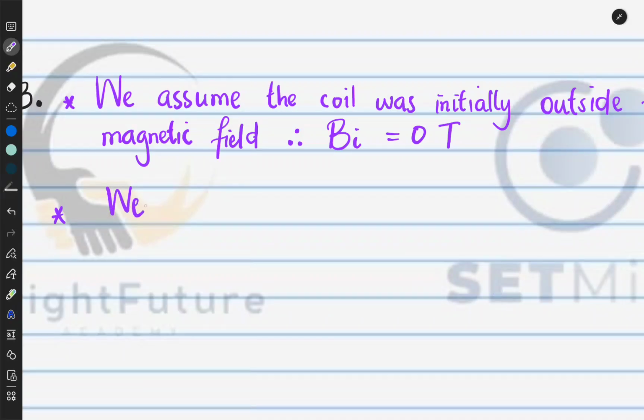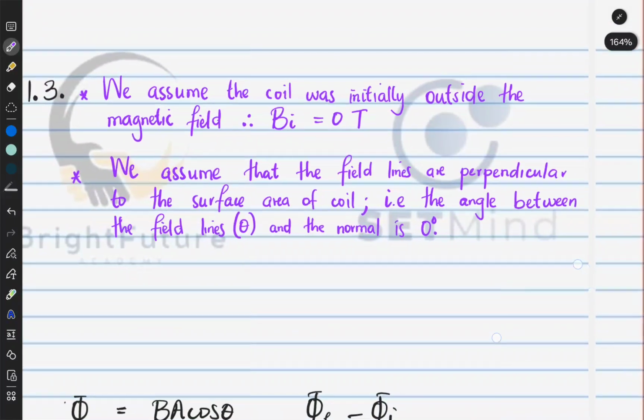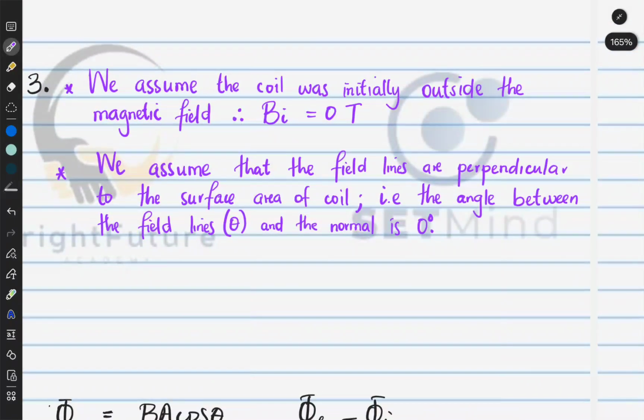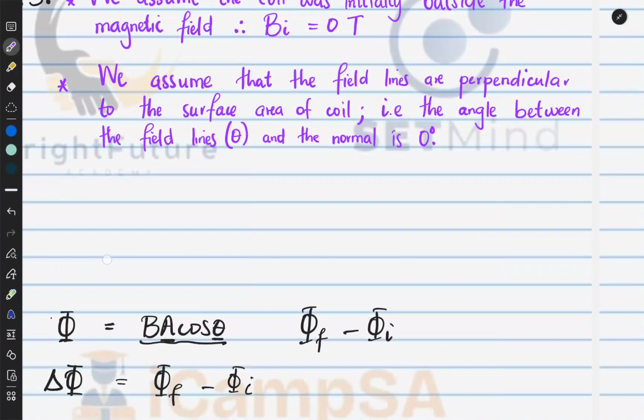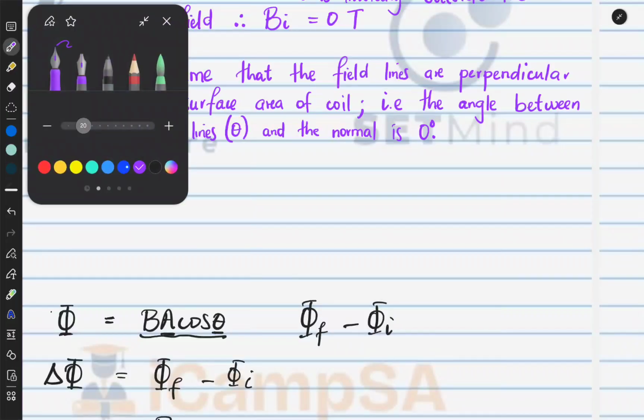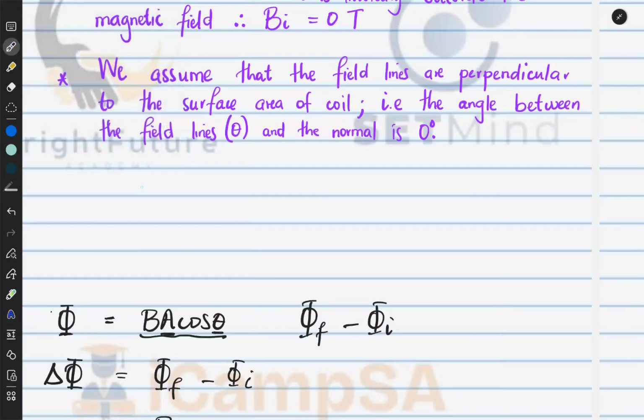So we have to also assume, right? So we assume that the field lines are perpendicular to the surface area of the coil, which means the angle between the field lines and the normal is 0. What that looks like is, if let's say we take this as our coil, right?